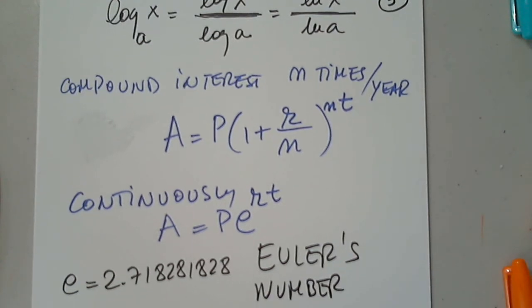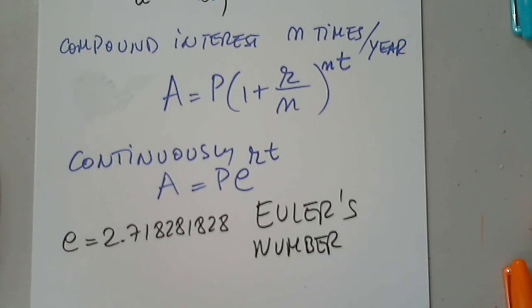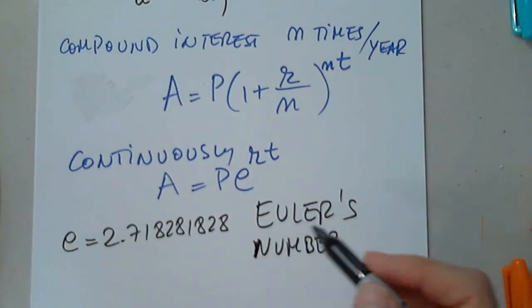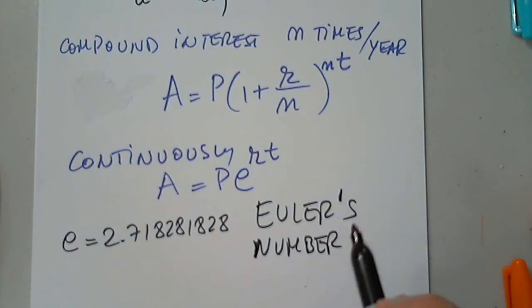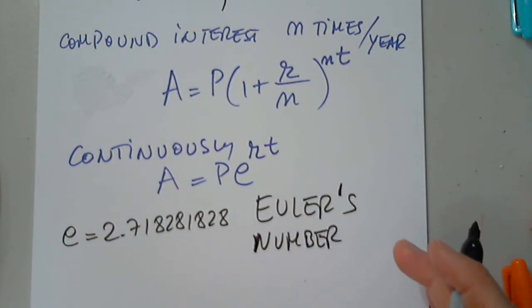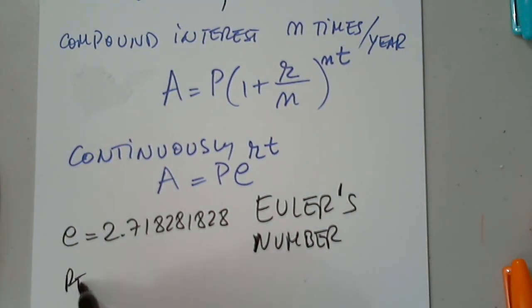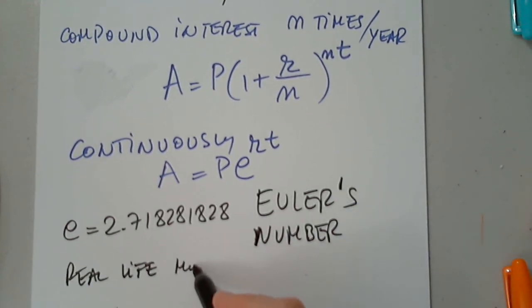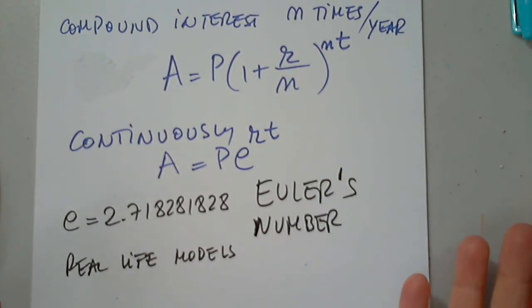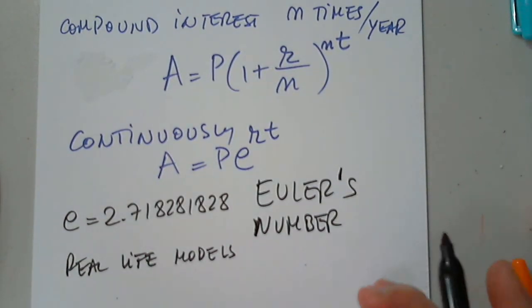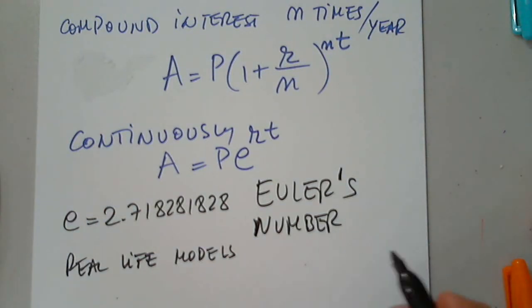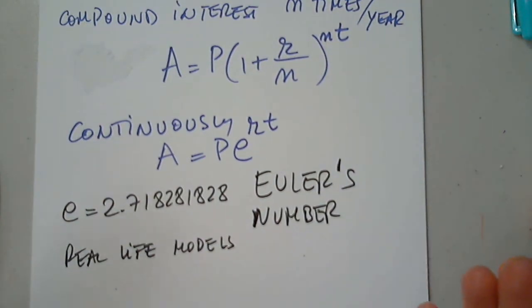Very good question. Let me explain a few things about this. So this mathematician looked at real life models, like bacteria growth, like cooling of an object taken out of the oven, and so on.